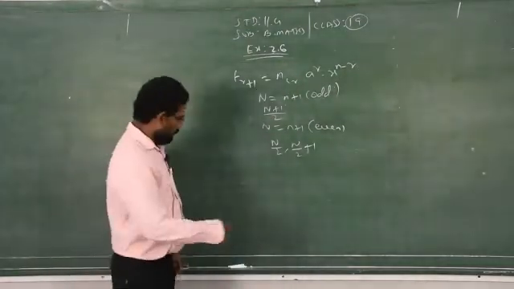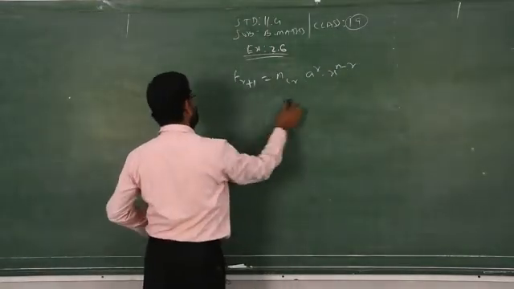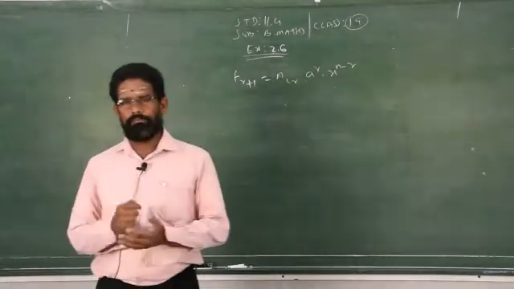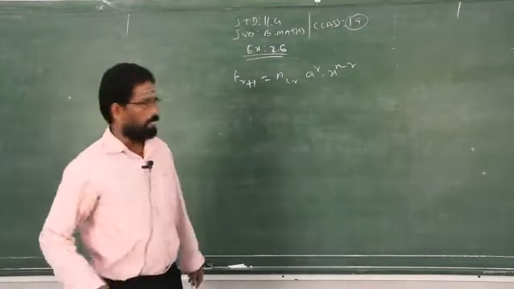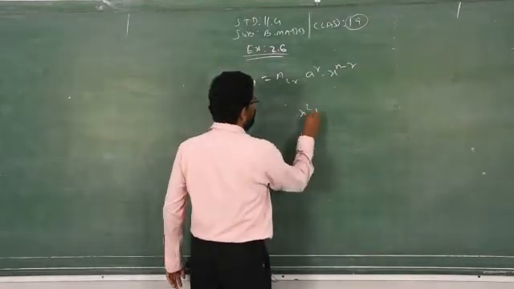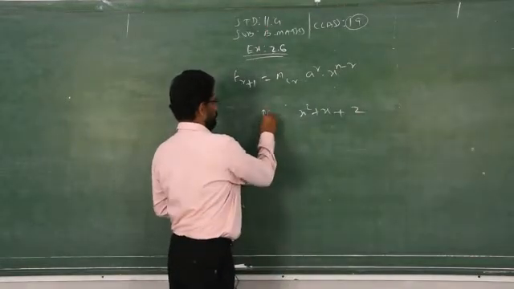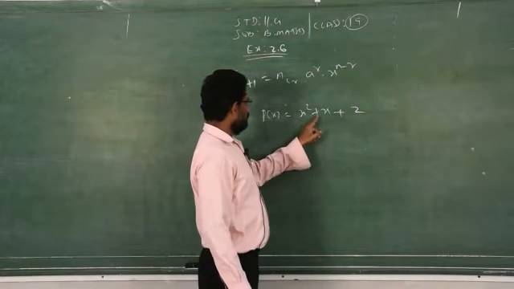Now we use the same formulas, but with a slightly different concept, that is the independent term. First you should know what an independent term is. If I define x square plus x plus 2, see the polynomial, only two terms have the x variable.